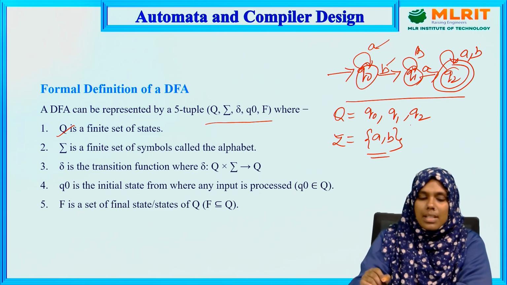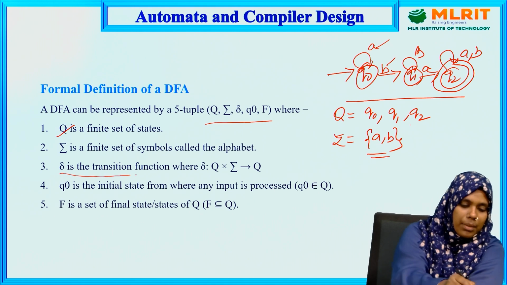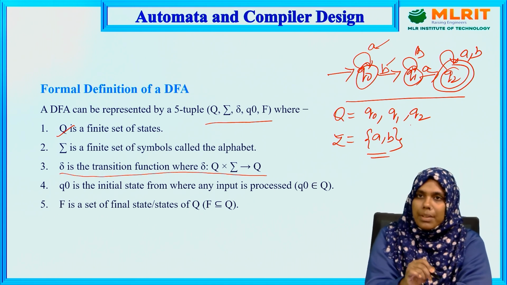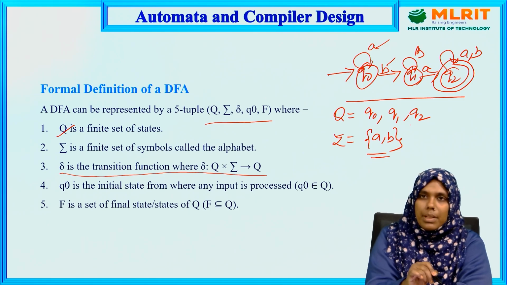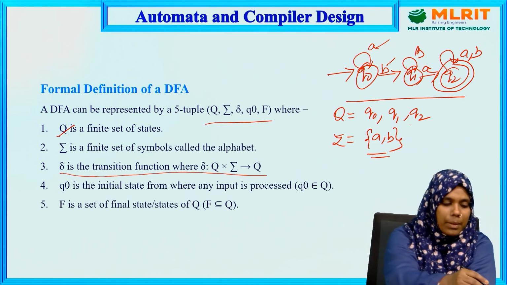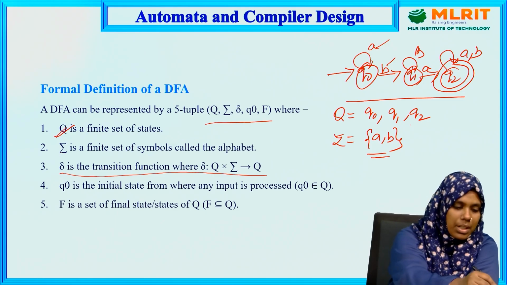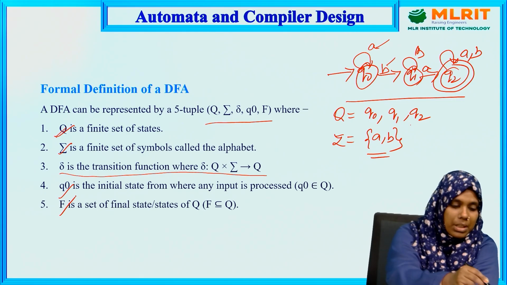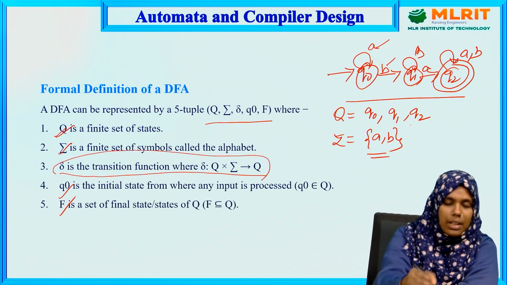Now coming to the transition function. This is very, very important, and it will be different for DFA and for NFA. That means for DFA and NFA, Q, sigma, Q0 and F will be similar, but the transition function will be different.